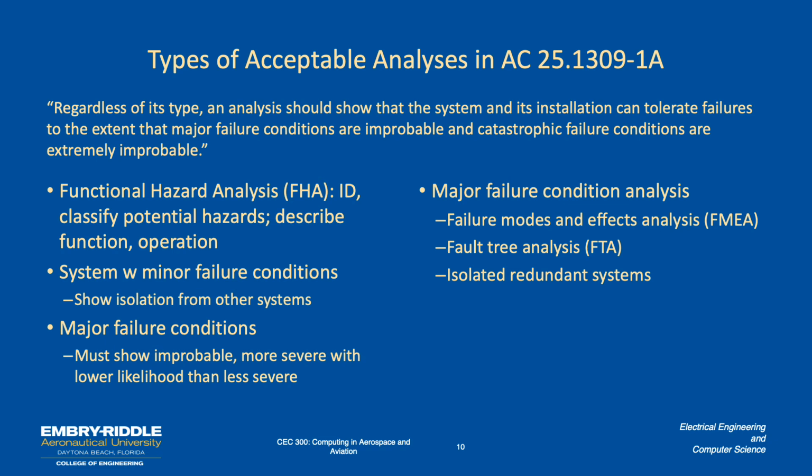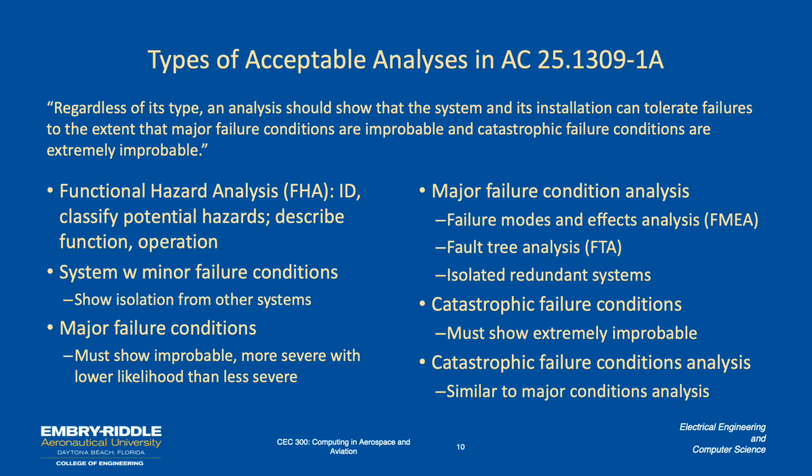This is where you look at when it fails and then what the impact is as it percolates down the path. There's also a fault tree analysis, which is like a logic diagram where you say this failure happens when this or this or this and that. And then you can demonstrate that you have redundant systems that are isolated from each other, so if one of them fails, the other one doesn't.